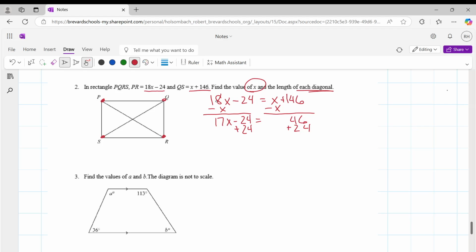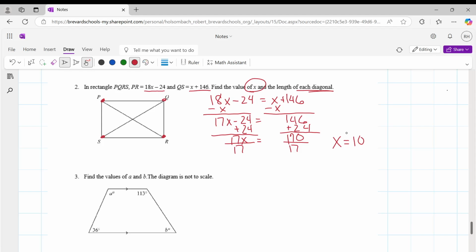All right. 18x minus 24 equals x plus 146. So this is 146. So 17x is equal to 170 divided by 17. And we get an x that's equal to 10.